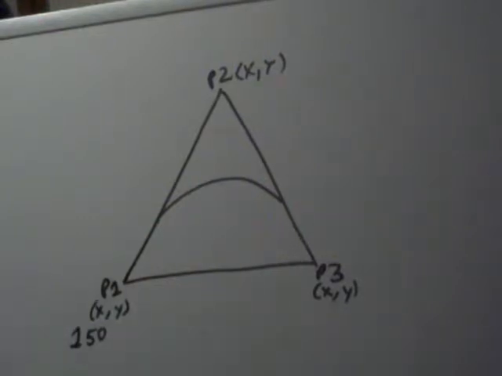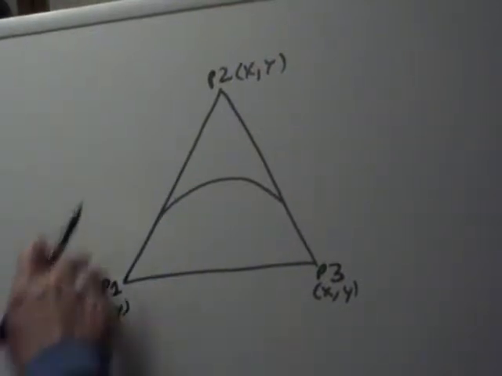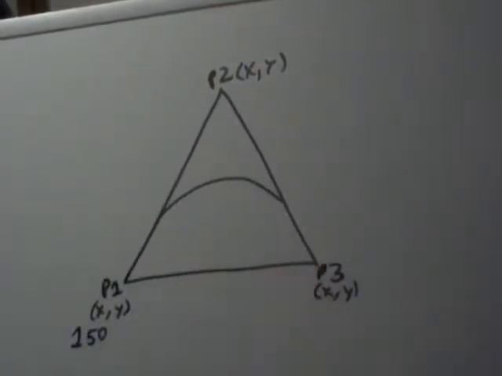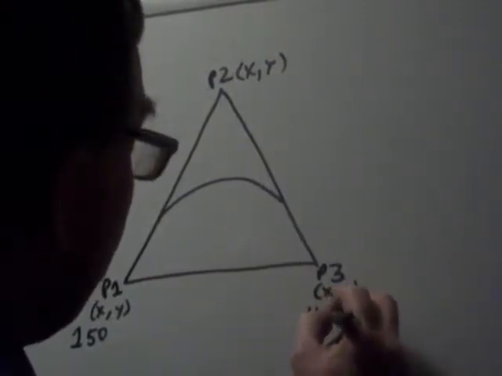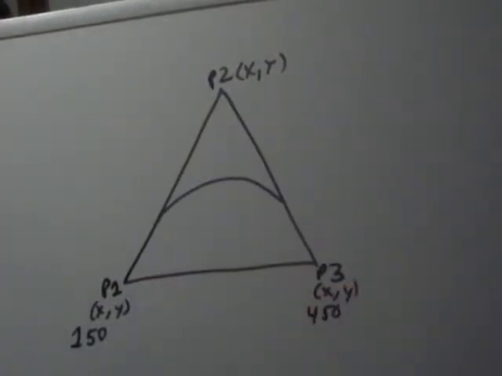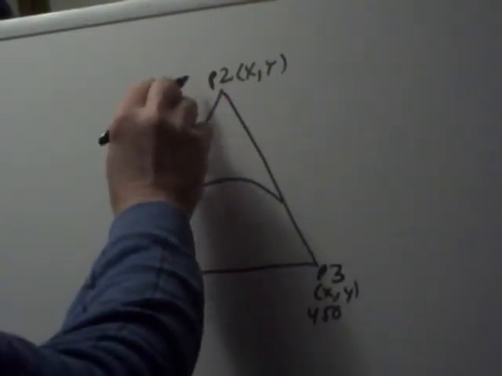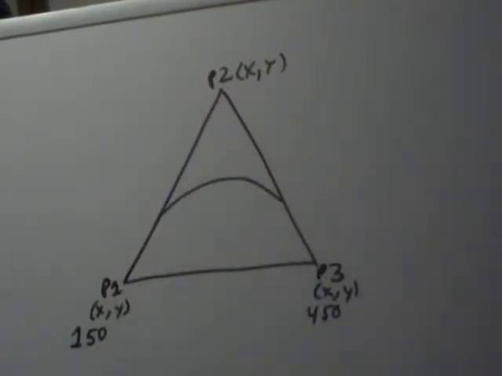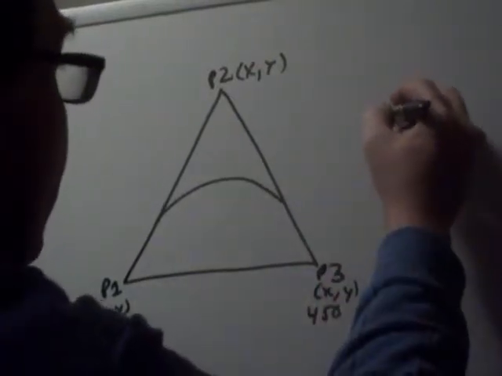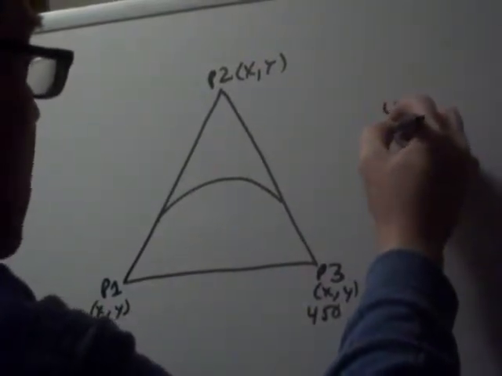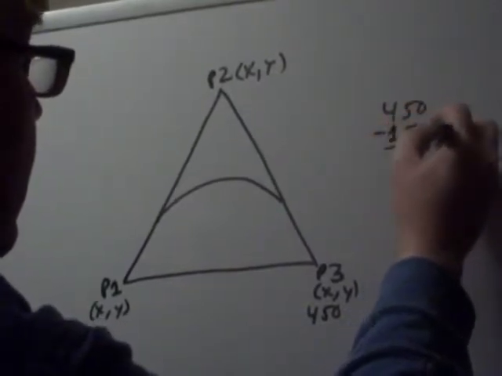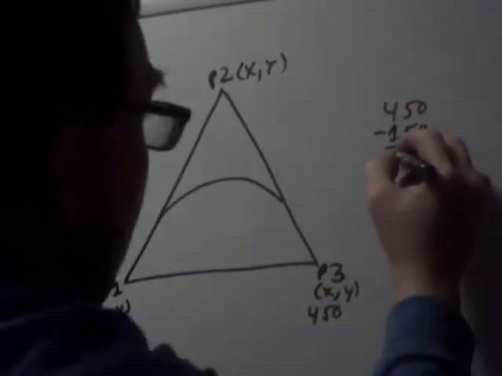Okay, let's go on. So we have point 1, point 2, point 3. That's what we have. Now we're going to say that the X coordinate of point 3 is 450. Now, what we want to do to find the X coordinate of point number 2, this point right here, is take the 450 and subtract the 150, and when we do, we get 300.